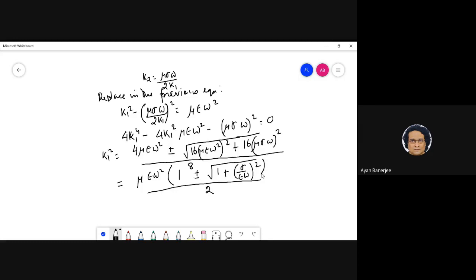Is this correct, guys? I've taken just this one common.